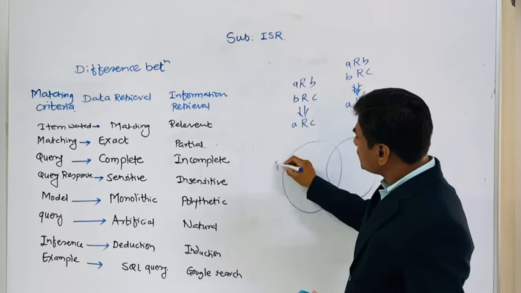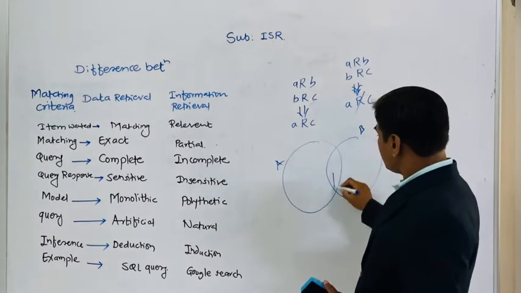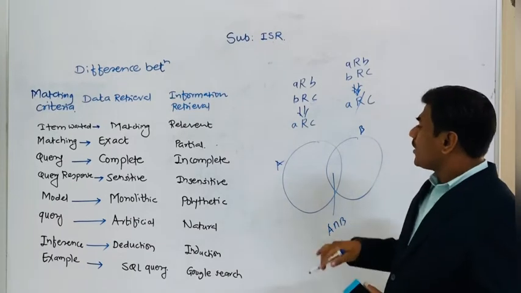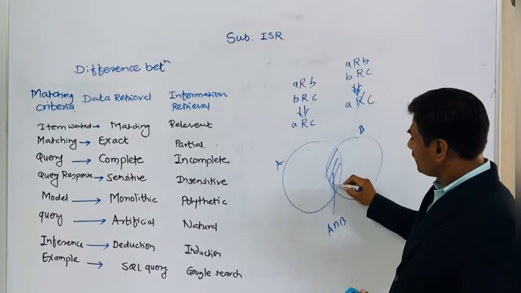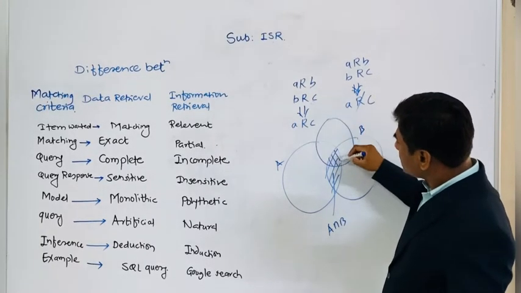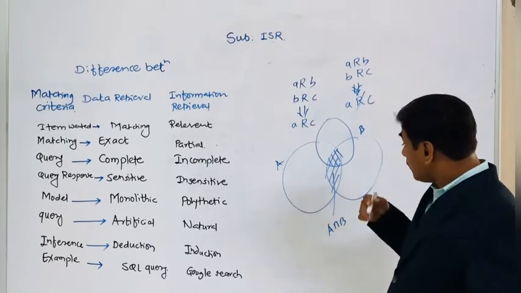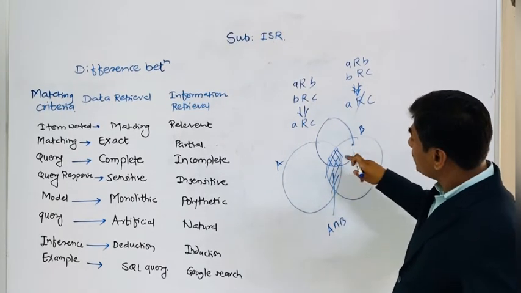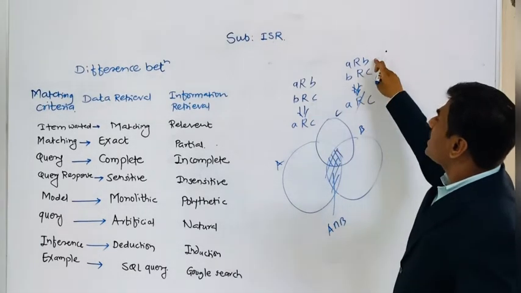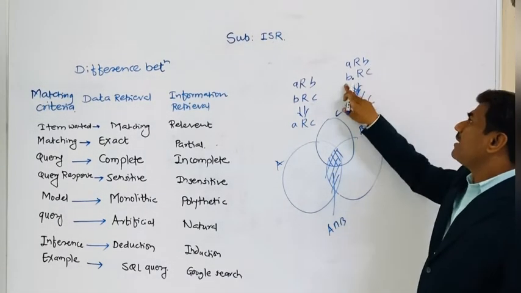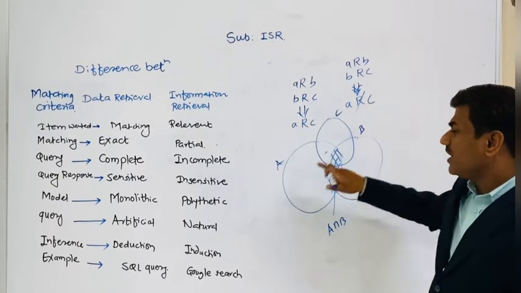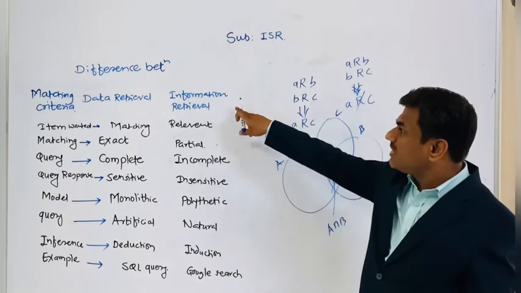Here this is your set A, this is your set B, and this is your set A intersection B. Now, for a particular query, you may have this answer. For another query, you may have this answer. But for one more query, you may have the answer in the intersection between A and C. So if A is having a relationship with B, and B is having a relationship with C, this does not mean A is having a relationship with C in the induction inference under information retrieval.